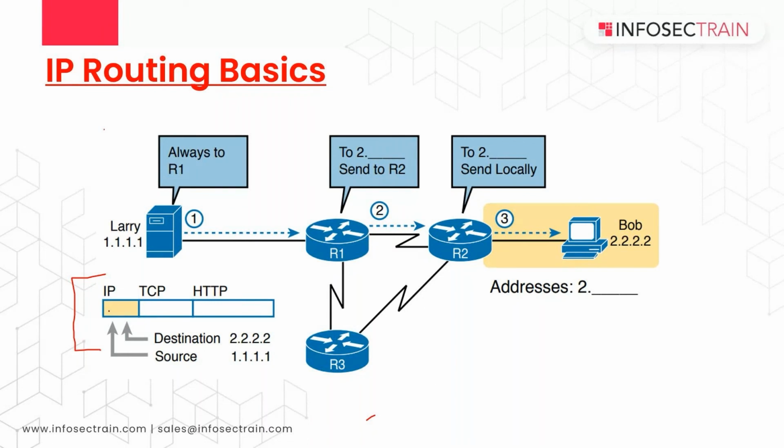In the IP information, there is the IP address of the target to whom I want to send the data, and there is the source, who sent the data. Larry's device, or Larry's web server, chooses a router in the same LAN to send the data, with the expectation that the router will know how to forward the packet. Larry doesn't need to know anything more about the topology or the other routers.